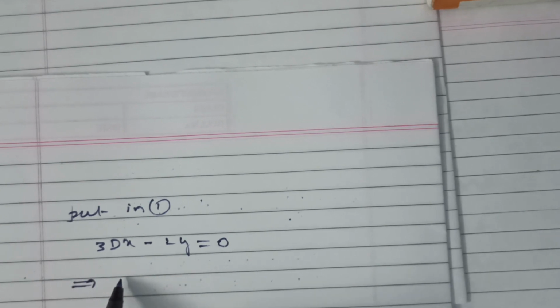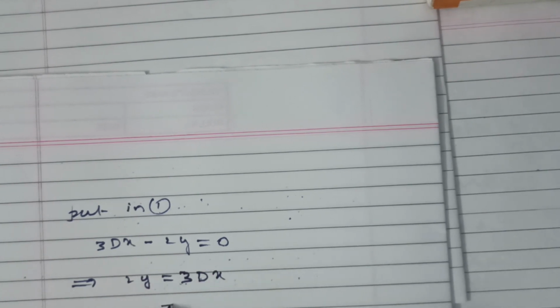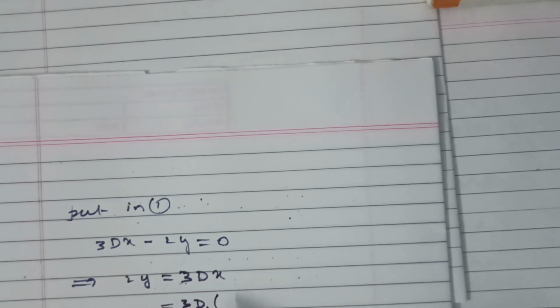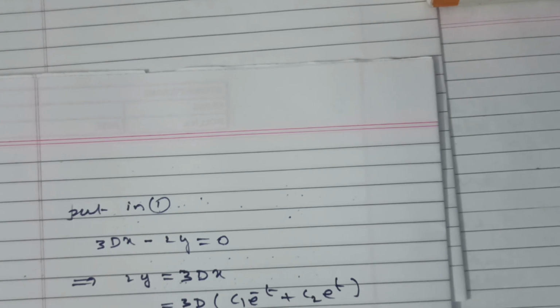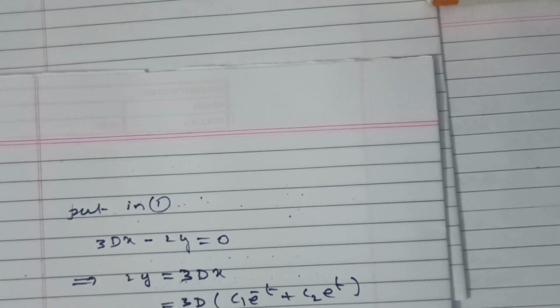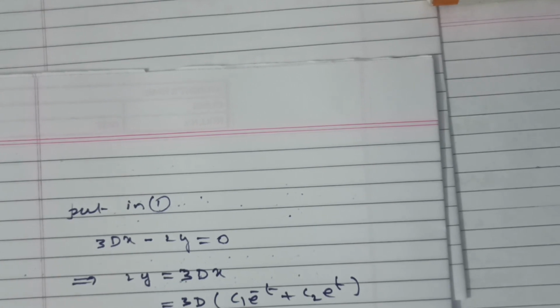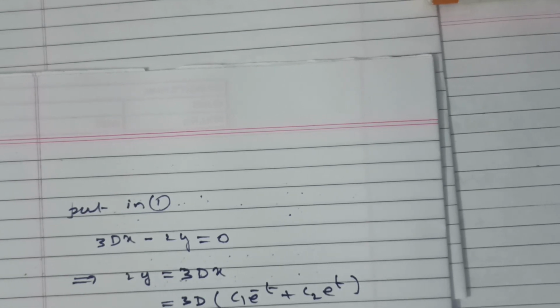This implies 2y is equal to 3Dx, which is equal to 3D into the x value, c1 e power minus t plus c2 e power t, which is equal to 3 into the differentiation, minus c1 e power minus t plus c2 e power t. This implies y is equal to 3 by 2 into minus c1 e power minus t plus c2 e power t. Required solution.